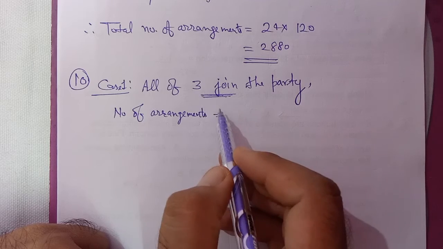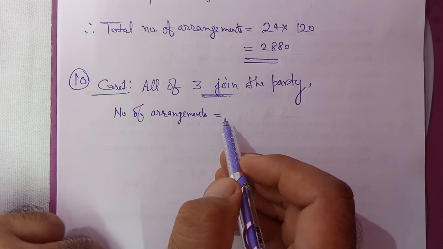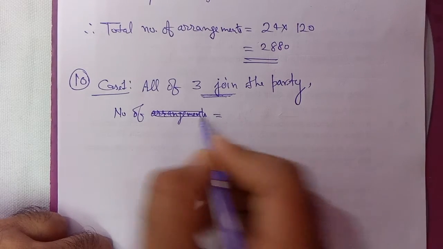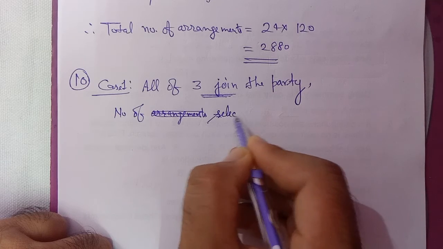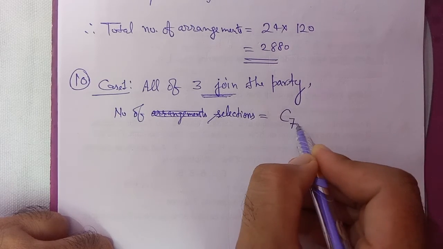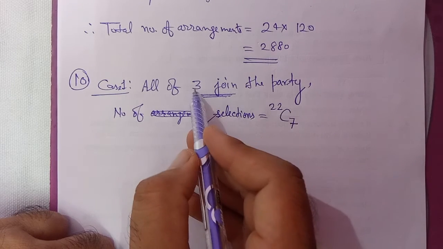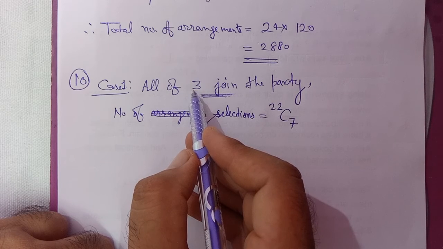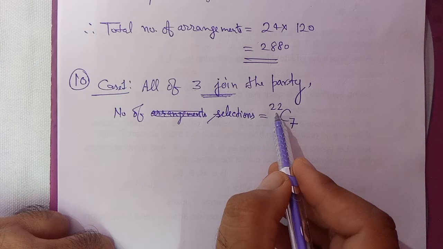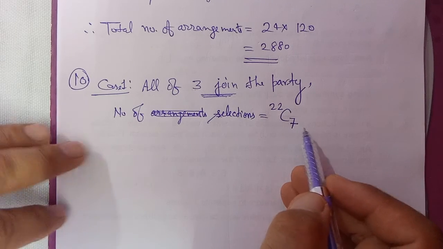It means you have choice for selection of 7 students only after these 3, out of 22 students. So it is not arrangement, it is selection. Number of selections of remaining 7 out of remaining 22, as these 3 will certainly join, is 22C7.